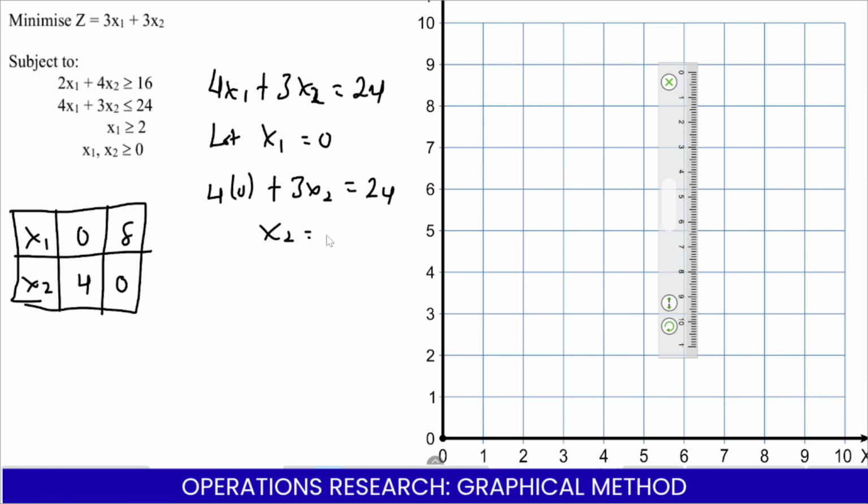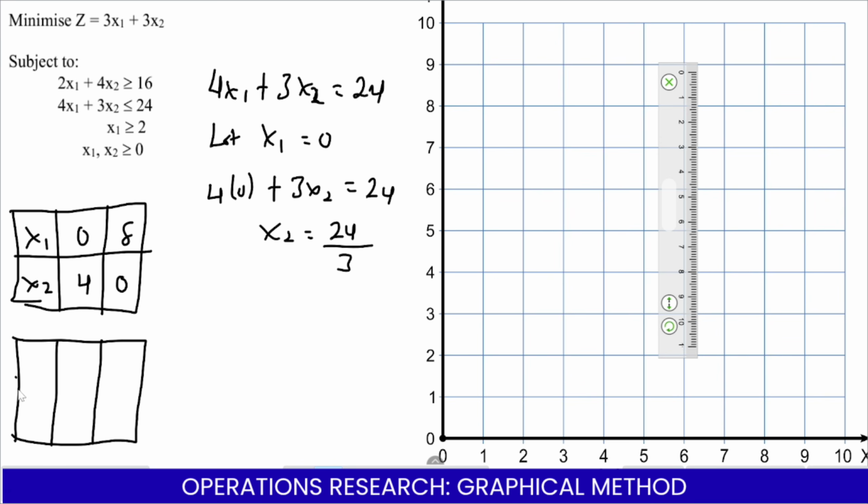So we have x2 is equal to 24 over 3, which is 8. So we have 8.